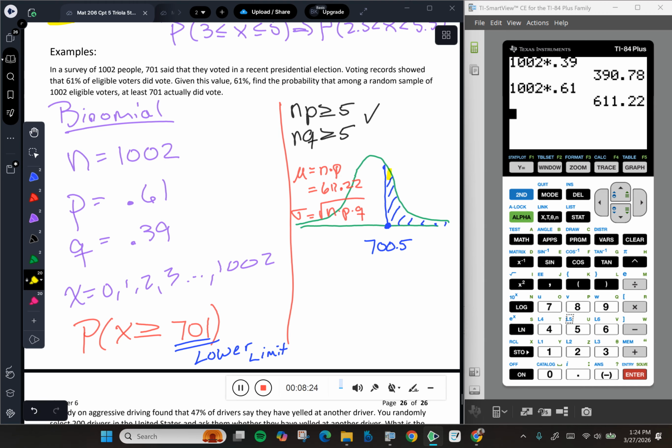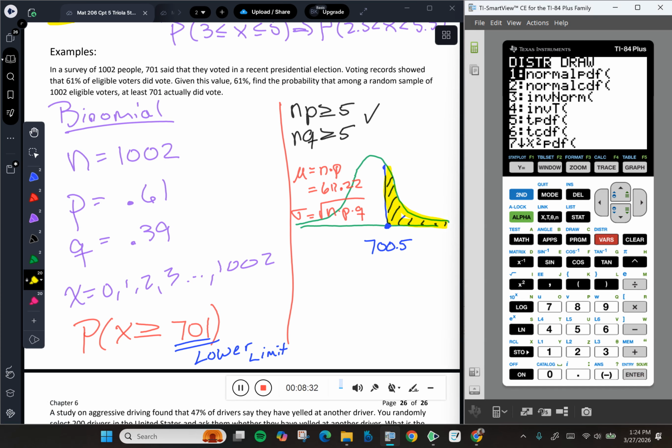If my job is to find this right tail of a normal distribution, I'm going to go back to my distribution menu, do a normal CDF. I'll put in my lower limit. Wait, there is no upper limit, so I just put in a big number.